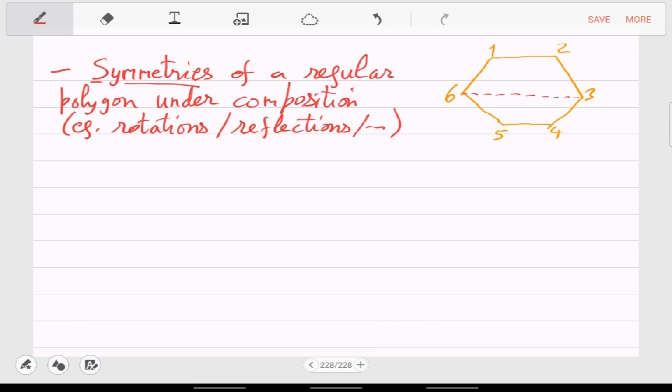And their compositions, right? So this again will be a group under composition of permutation. It will be a group, and it will be smaller than S6.